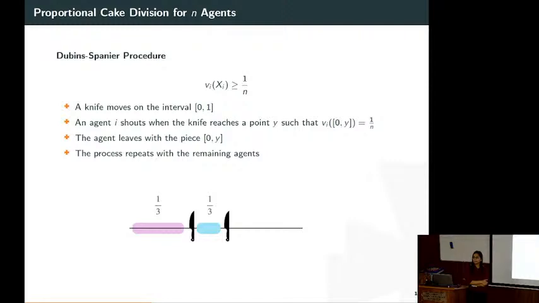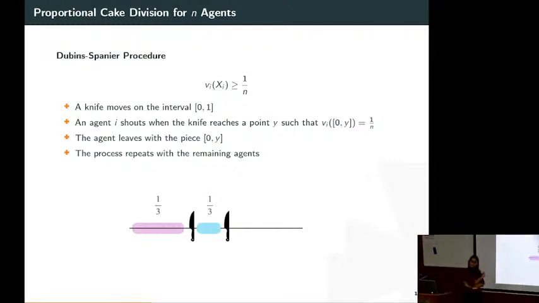I don't follow how you only need n squared queries when you essentially need to ask at every point. You don't ask at every point, we are only asking cut queries. I give you the initial point x, and ask, give me your point y where you have a value of 1 by n. I won't ask at every point, but I'll cut at the point where you value it at 1 by n.